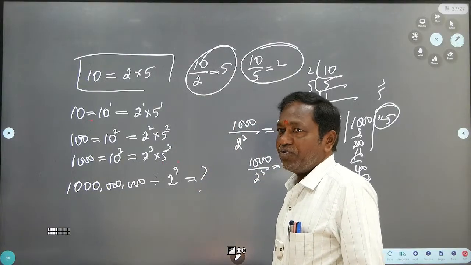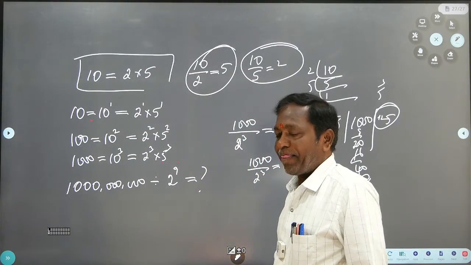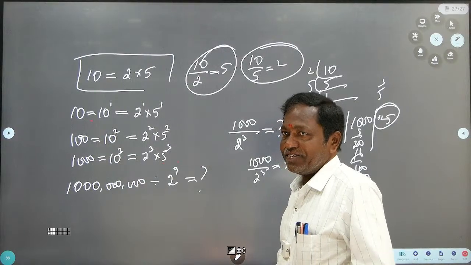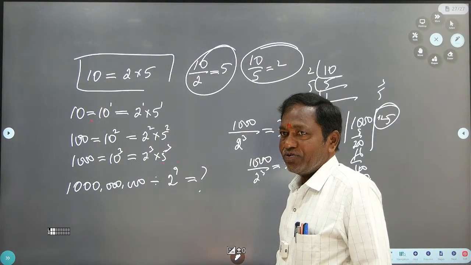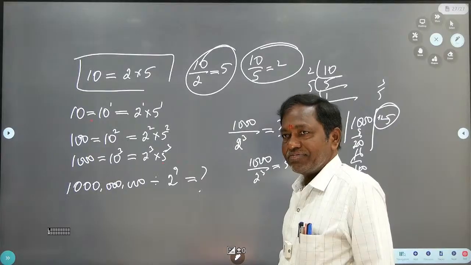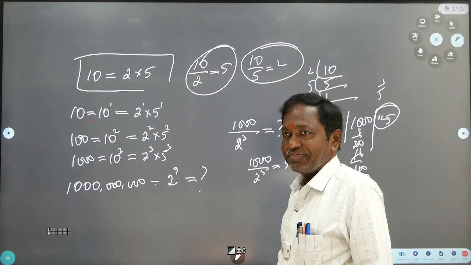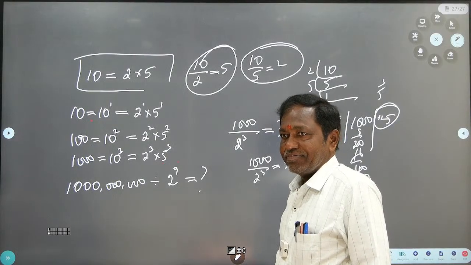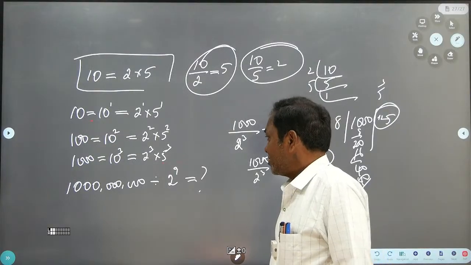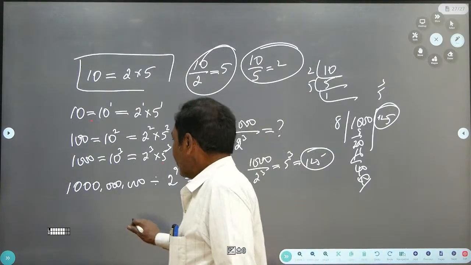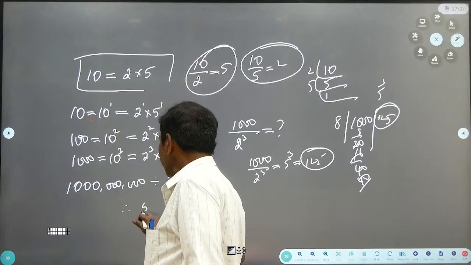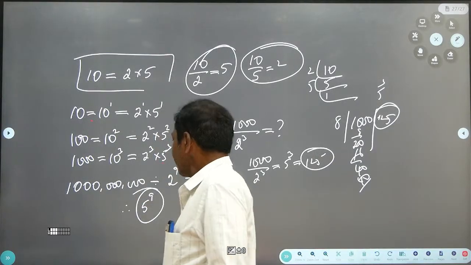Really, we go panic. Otherwise, what will happen? You need one full sheet of paper. This is the property of 10. Therefore the answer is 5 to the power of 9.